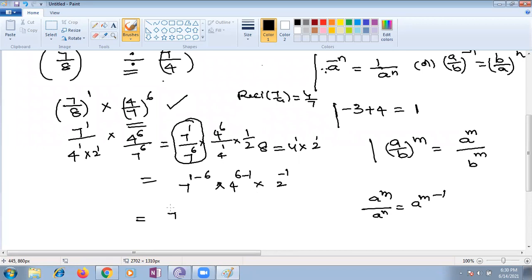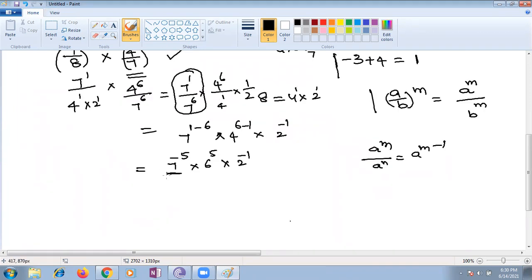Same way, we can take 7 power minus 6 plus 1, which is 7 power minus 5, 4 to the power 5, and 2 to the power minus 1. Since this is a negative exponent, we can take it to the denominator, or else you can leave it like that also. If you want to simplify as a rational number, you can take this as (4 by 7) whole power 5. Why?